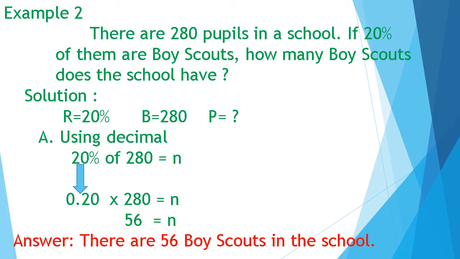Letter A, using decimal number. 20% of 280 is equal to N. 20% changed to decimal number becomes 20 hundredths times 280 is equal to N. So 20 hundredths times 280 is equal to 56, so N equals 56.